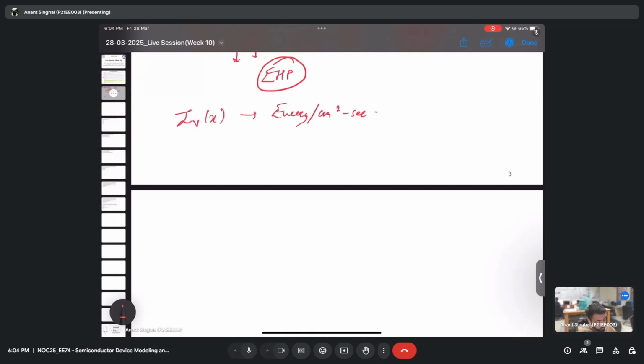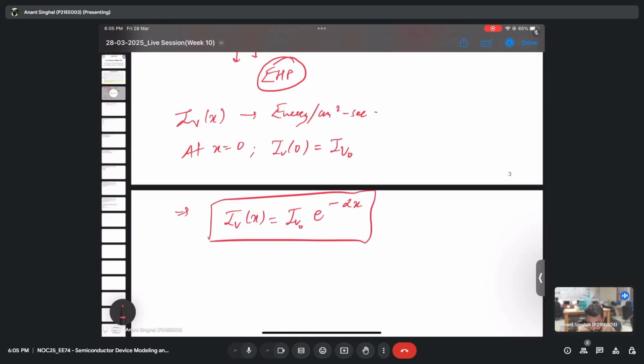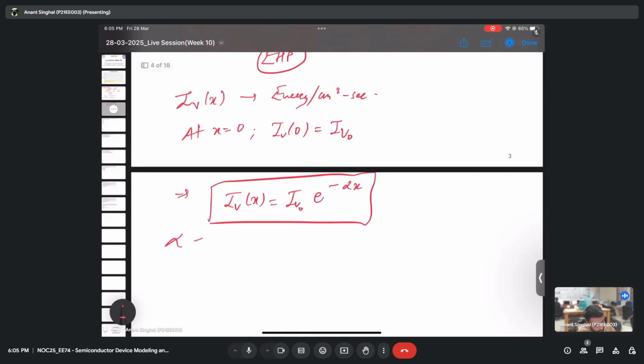Suppose at x equals 0 we have I_ν at 0 as I_ν0, which is the initial intensity, that is, the intensity before going into any semiconductor. It will lead to I_ν at x being I_ν0 times exponential of minus alpha x. This is a basic relation that we have, where alpha is the absorption coefficient.